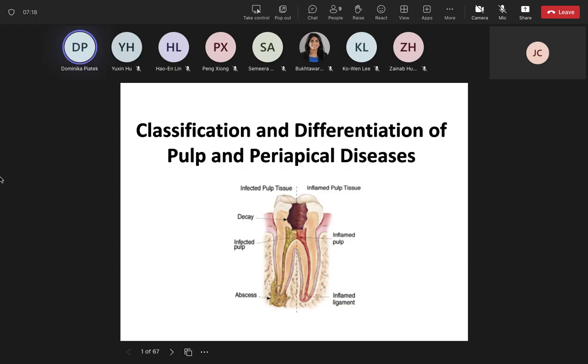We can also have thermal factors, for example, condensation of hot gutta-percha during the treatment of the pulp infection.